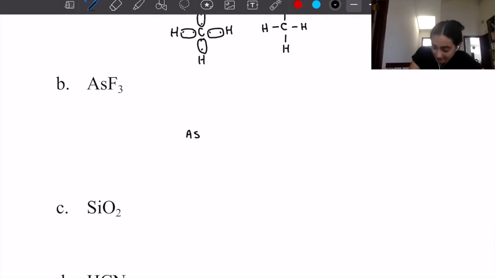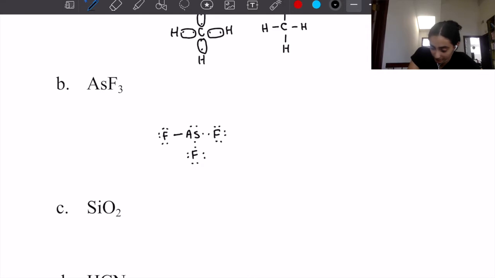We have As, arsenic, and 3 fluorines. Okay, so arsenic has 5 valence electrons, and fluorine has 7. And as you do more of these Lewis structures, you'll learn where to place the electrons in your diagrams in order to make it look the cleanest. But I'm not going to do the circles this time.